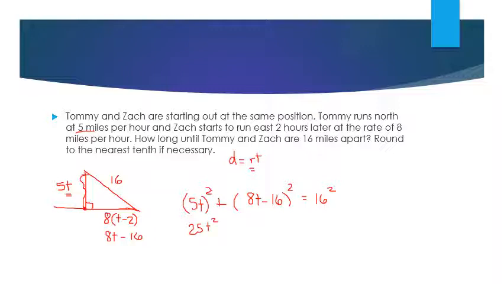And then if you had to multiply this out, you're going to FOIL. So 8t times 8t is 64t squared, and 16 times 16, I believe, is 256.